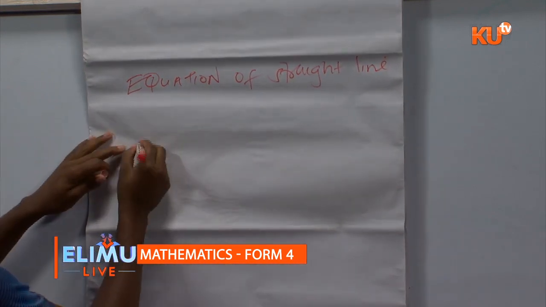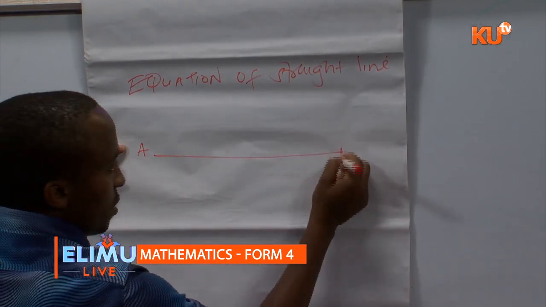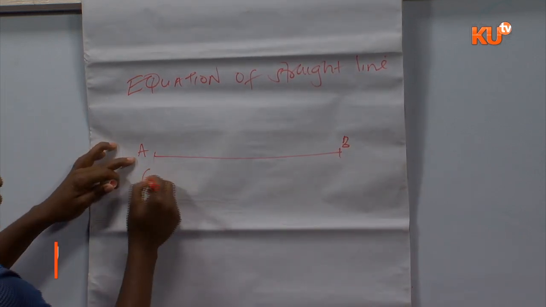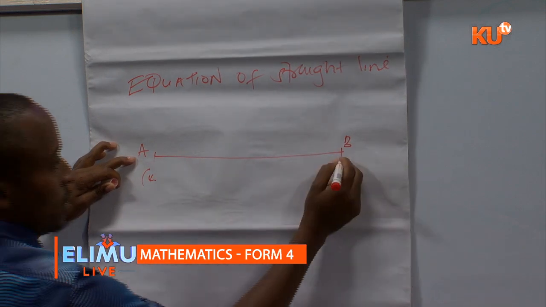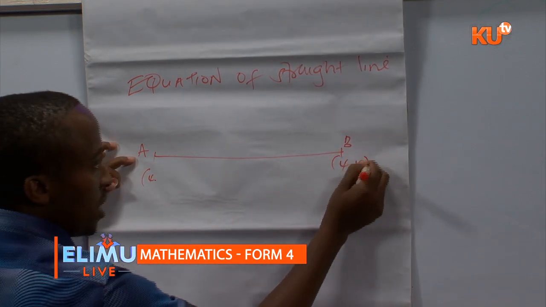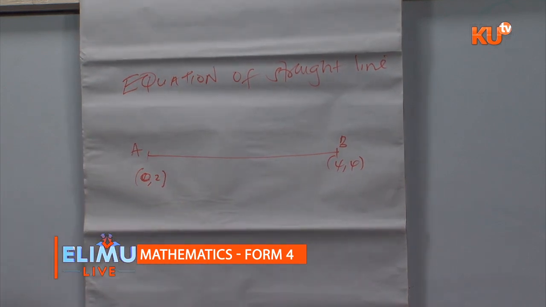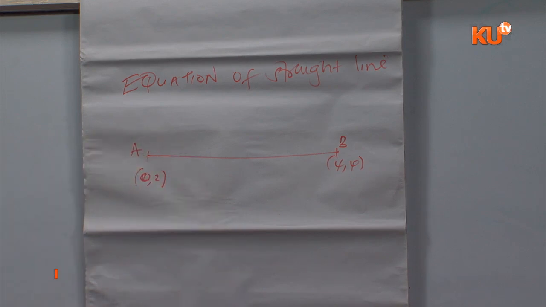So given line AB, allow me to use the same line. You know this coordinate, maybe it is 4, 4. Use the previous one you had, and 0, 2. We want to find, in a Cartesian plane, the equation of that line.